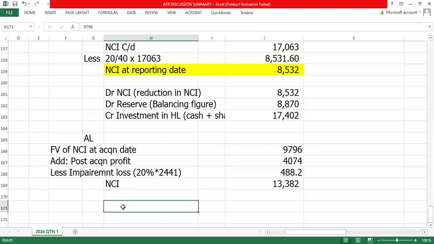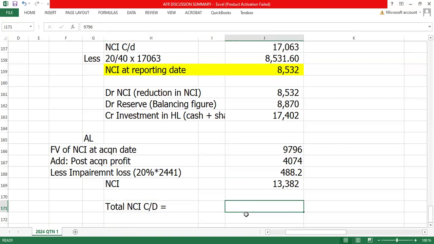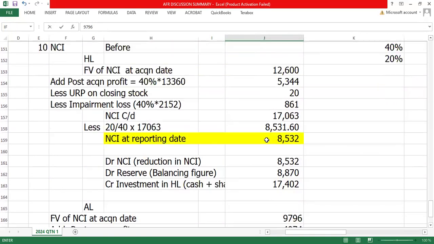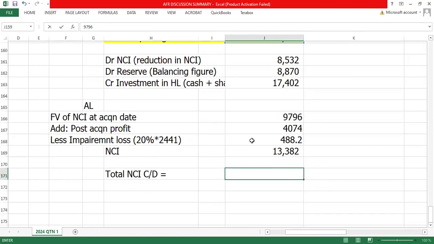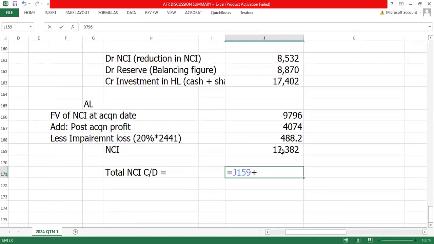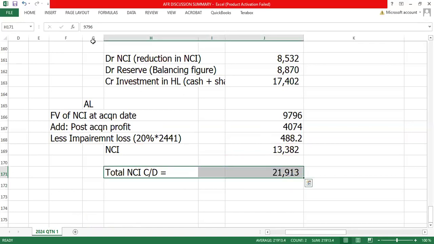The total NCI that you should take in the balance sheet carried down, you get the one of HL plus 13,382, and that's what you get.